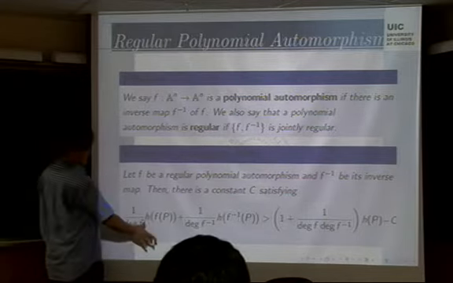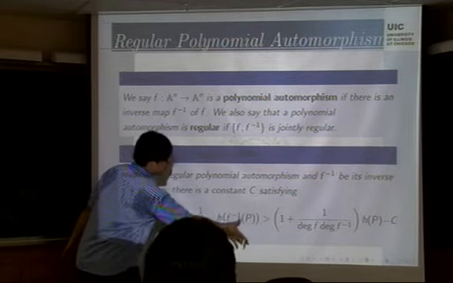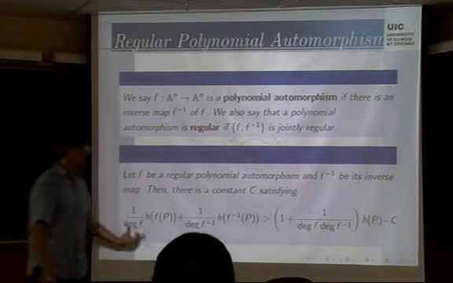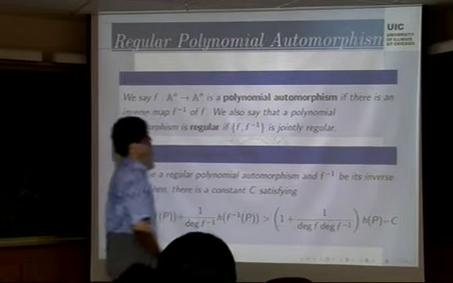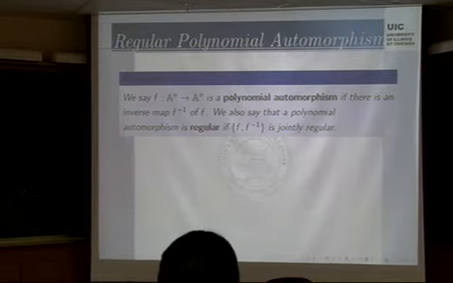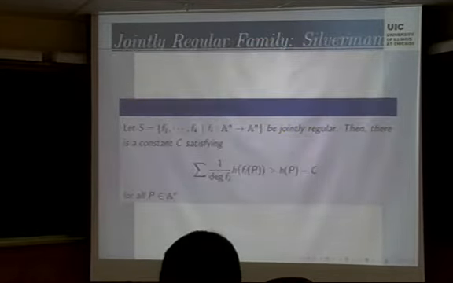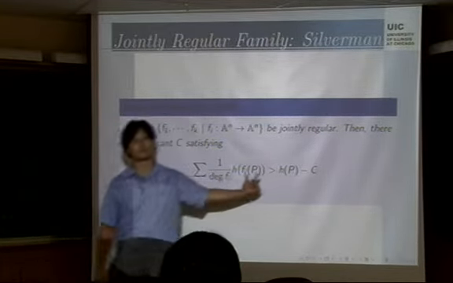If you have the height of points divided by degree, and the height by inverse image divided by the degree of the inverse map, then that bounds your height times some bigger number. So that's a little improved compared with Silverman's. Silverman's says if you have such compositions, that only bounds the height of points.